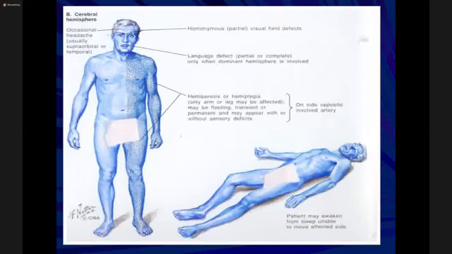So if you are with a stroke in the internal capsule, or a stroke involving the parietal or temporal cortex, or the occipital cortex, in either of these situations, you could be left with contralateral homonymous hemianopia.